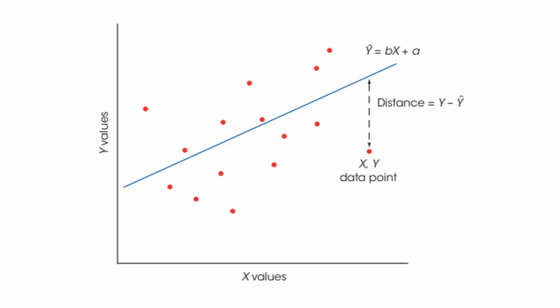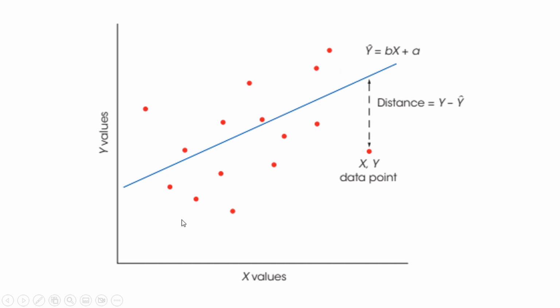And this is a regression line. The traditional regression line is y hat equals bx plus a, or you can call it a plus bx. This is the predicted line, the line fitted, and these are the residuals, which are away from the regression line.